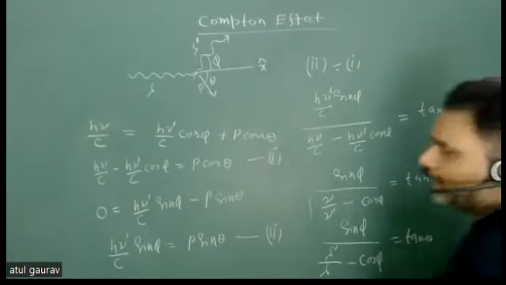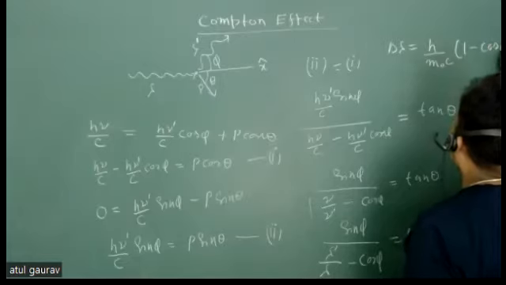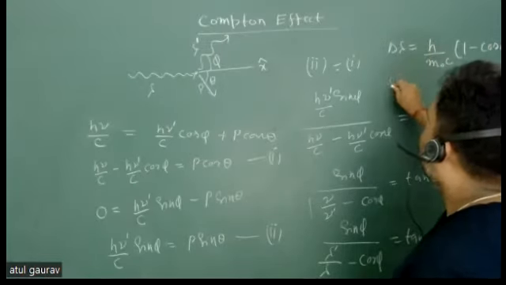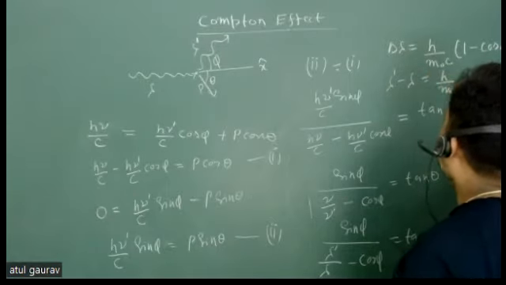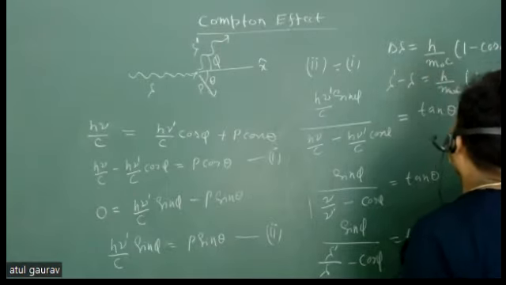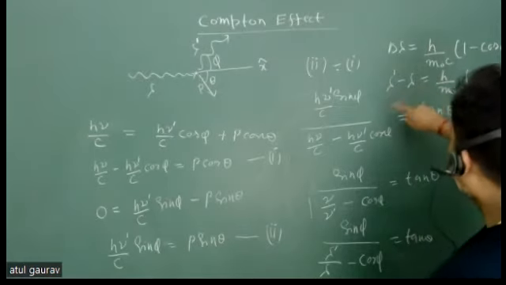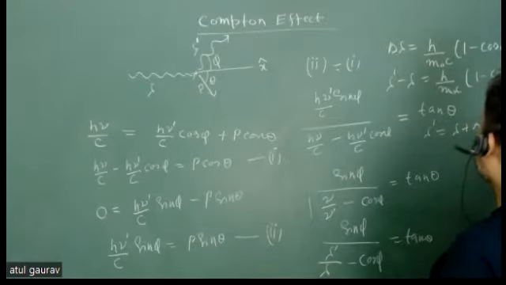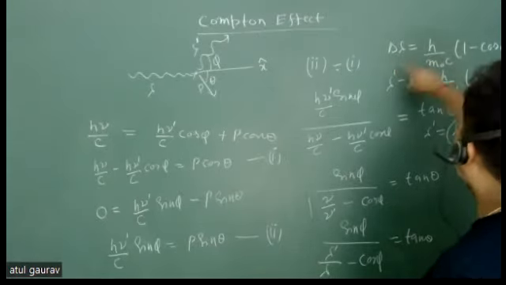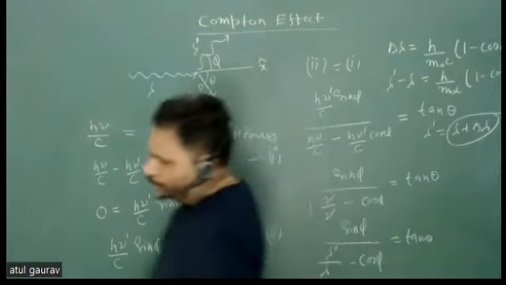Now can I write lambda dash is equal to lambda plus delta lambda? If we have phi, we can easily calculate delta lambda. What is delta lambda? It is h upon m naught c times 1 minus cos phi, that is lambda dash minus lambda. So we can write lambda dash is equal to lambda plus delta lambda, find delta lambda from the mother equation and put it here.